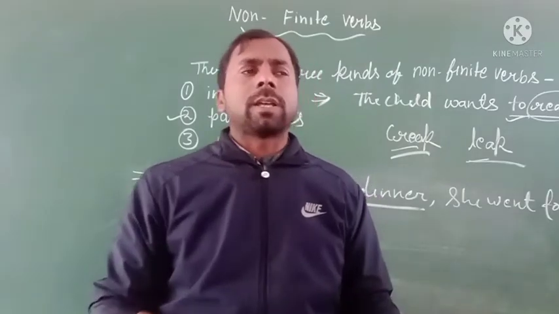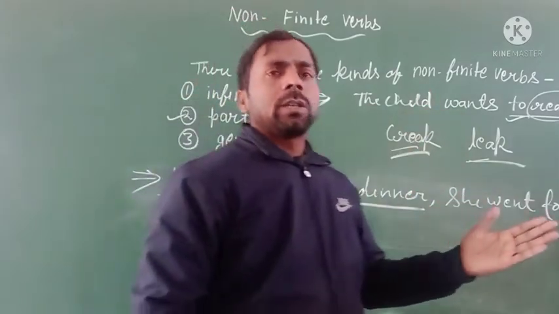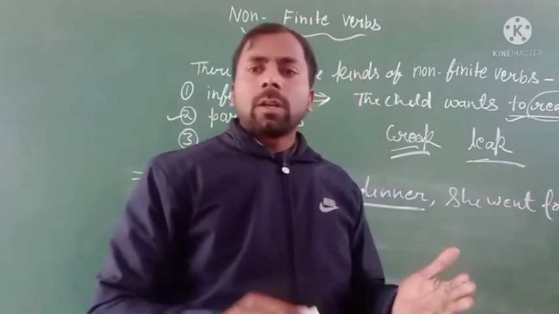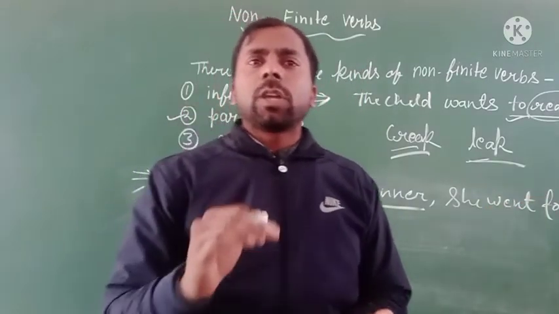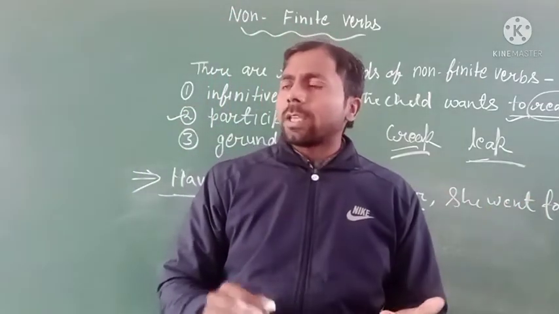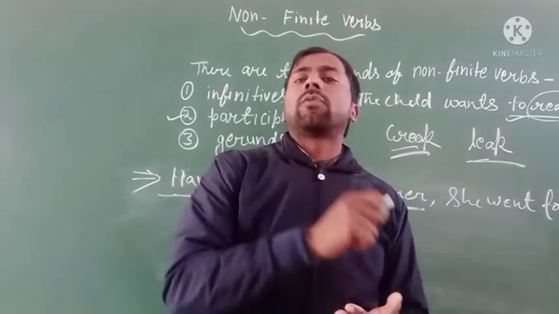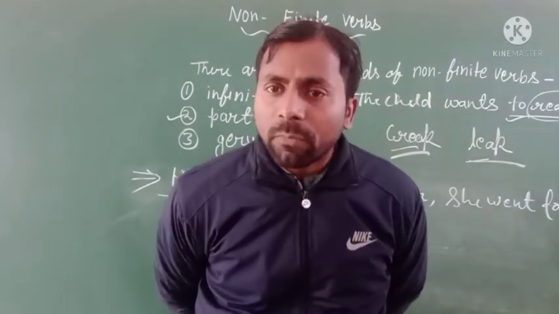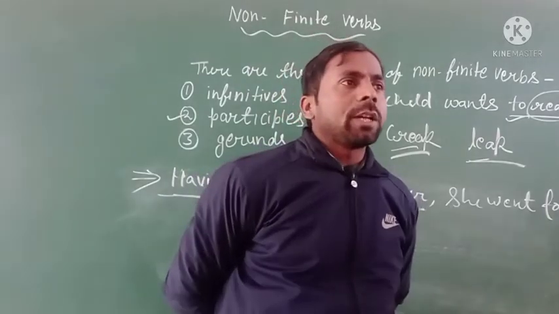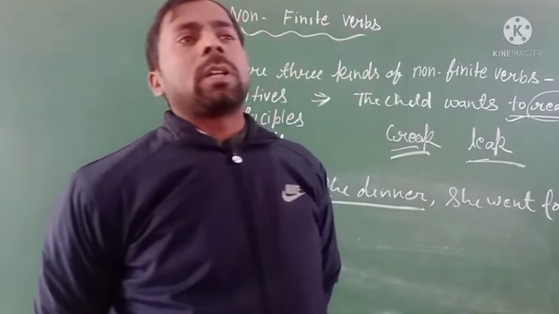It is very simple to use and identify a participle word in a sentence. If a sentence uses ing with the verb and it is used before the noun, then it will be the present participle.